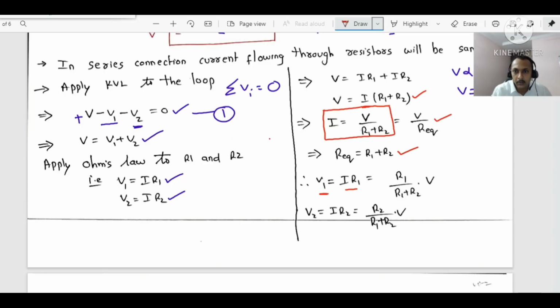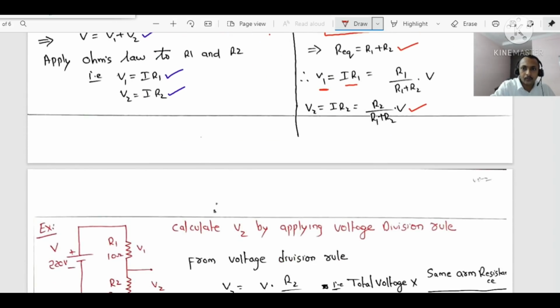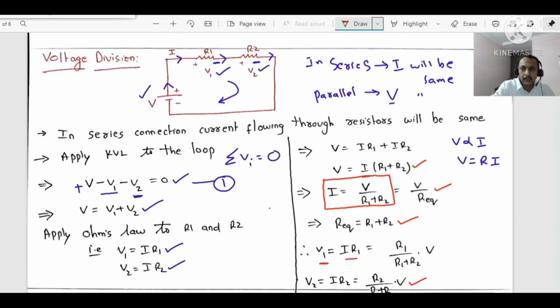Similarly for V2, in place of I, substitute V divided by R1 plus R2, so V2 equal to R2 by R1 plus R2 into V. Now from these two formulas, we can observe that V1 equals total voltage into same arm resistance divided by total resistance.